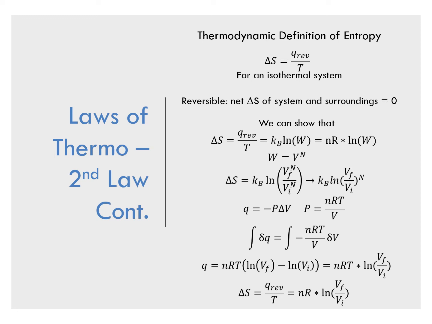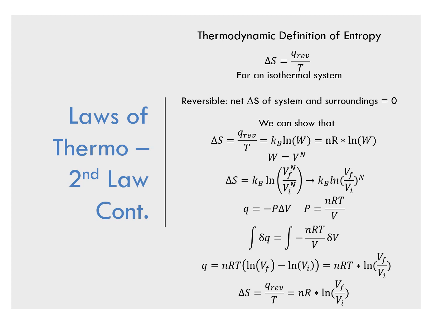Then what we can do is say that Q is equal to the negative P delta V. And remember again that P is rearranged to equal nRT over V. So we can take the integral of Q with respect to V, and what we get is that Q is equal to nRT times the natural log of Vf minus ln of Vi. And again, that rearranges to nRT times the natural log of Vf over Vi.